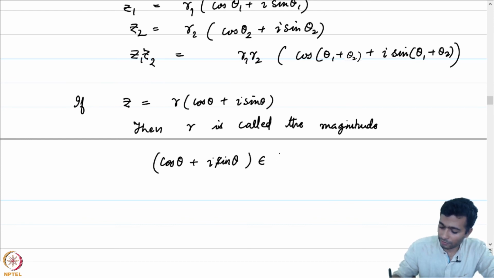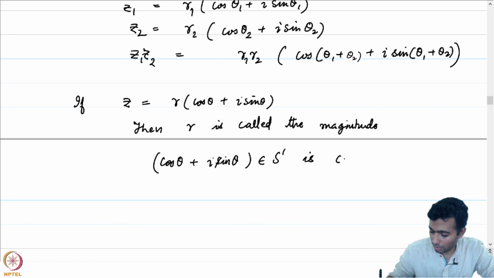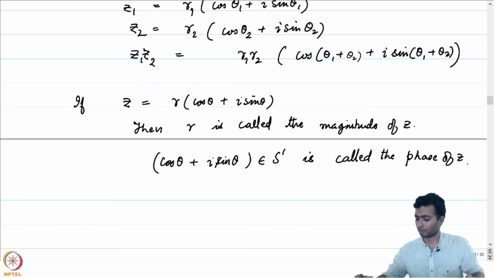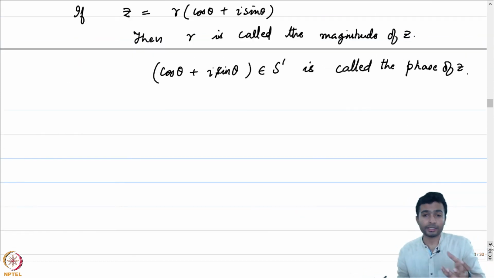This is in S1, which is called the phase of the complex number. But then the theta that we are talking about is not necessarily uniquely fixed.